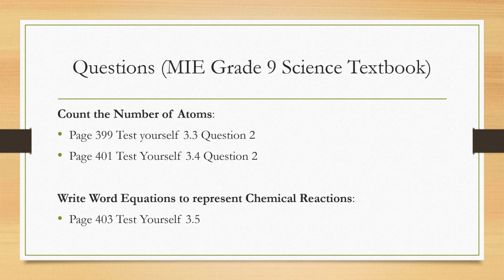You can practice counting number of atoms in formulae from your MIE Grade 9 Science textbook on page 399 and page 401. You can also practice writing word equations on page 403.